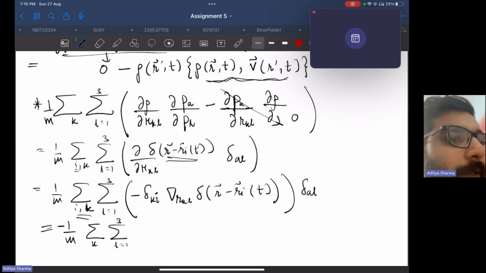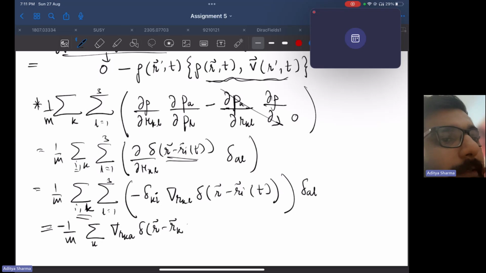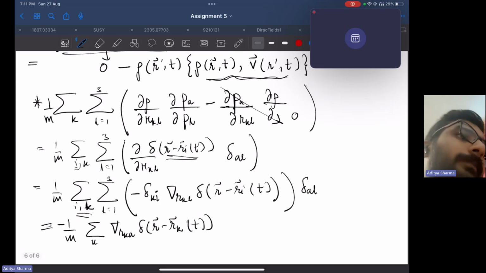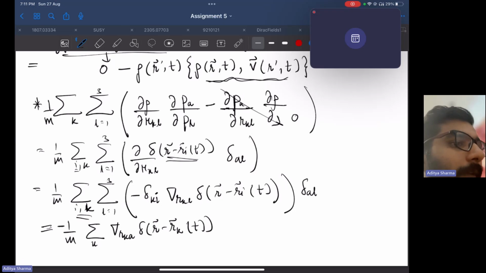When you do this, you will get the Dirac delta R_k a, then R_k a, Dirac delta of R vector minus R_k(t). Yeah, so that is it.